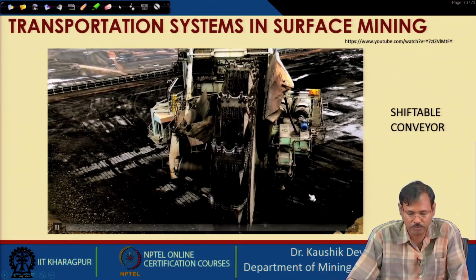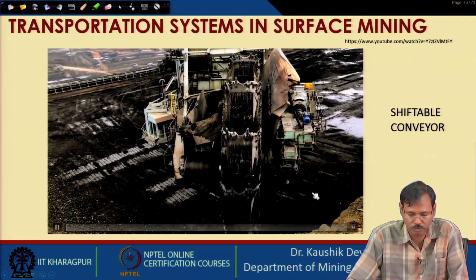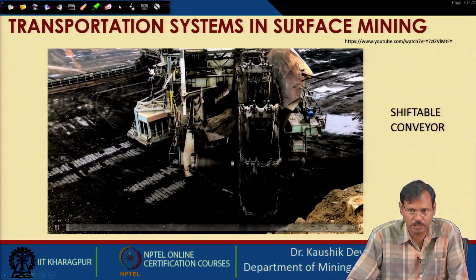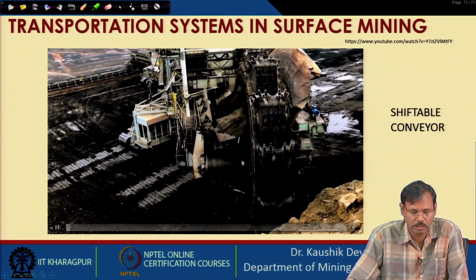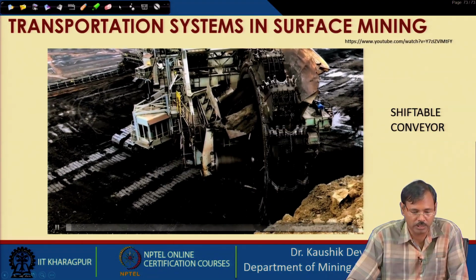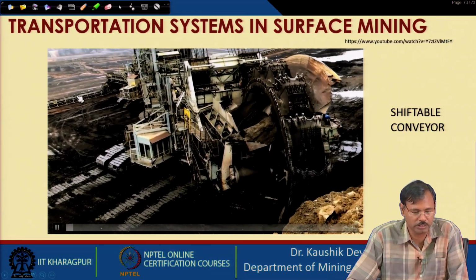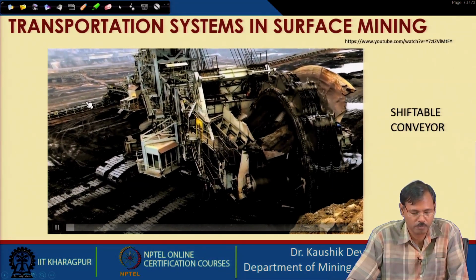This is a shiftable belt conveyor system, where the material is taken from the bucket wheel and discharged using a mobile transfer conveyor. The material is discharged to a shiftable conveyor.